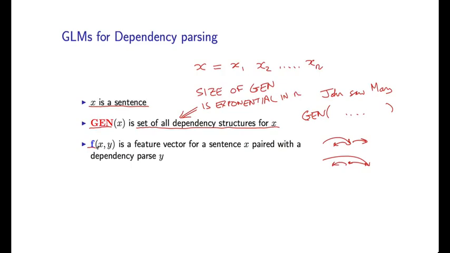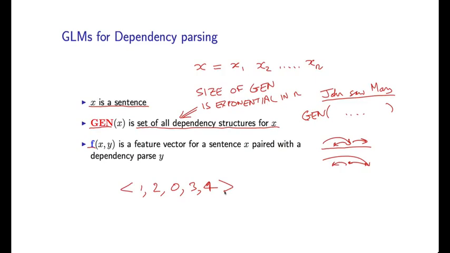So f, of course, is going to be a function that takes as input a sentence in conjunction with a particular dependency structure and returns a feature vector. So it might return some vector like this, which is the representation used by the learning algorithm, used by, for example, the perceptron algorithm when setting the parameters of the model.